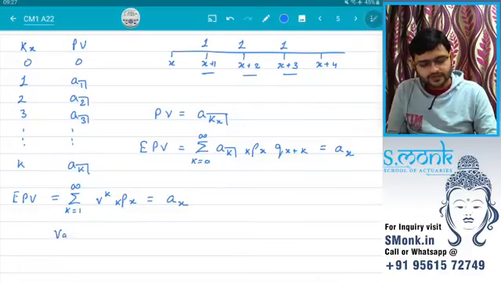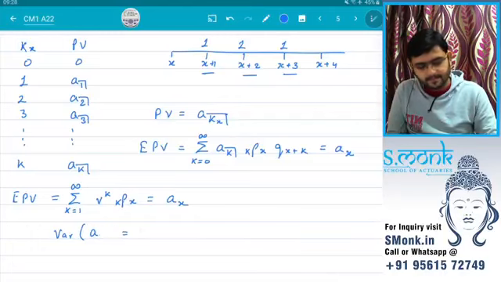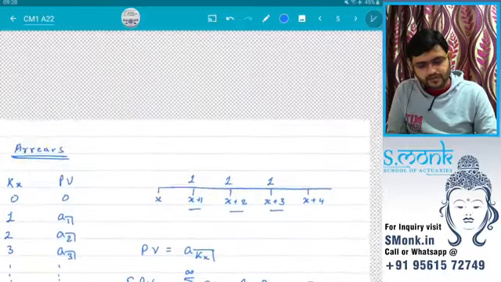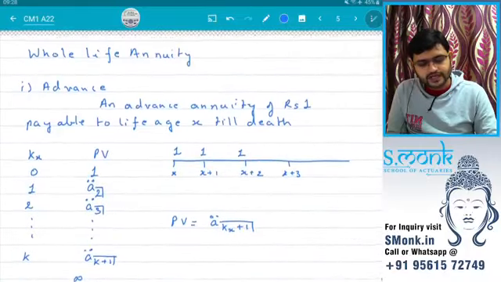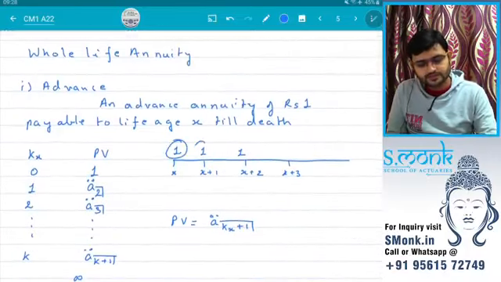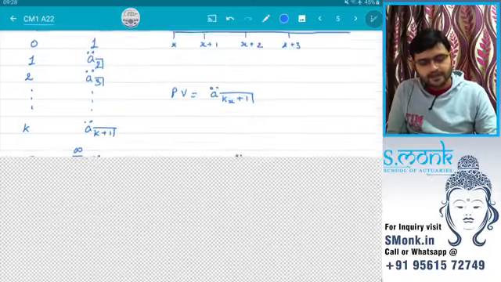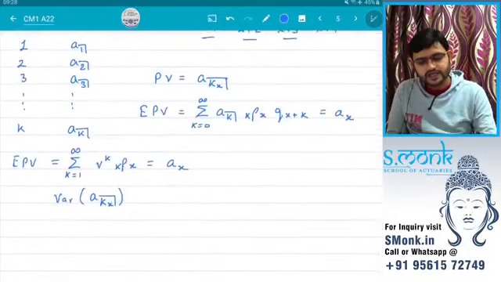Let's talk about variance. Sir, why in the first case do we have k equal to 0 to infinity? K was the time of payment. No, in arrears, see, this k is different from this k.